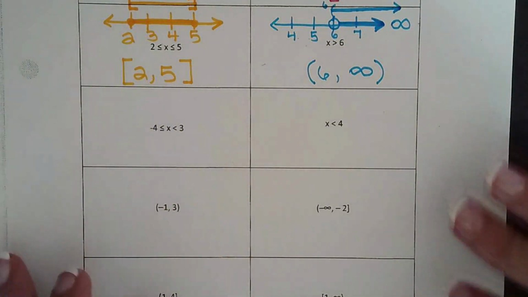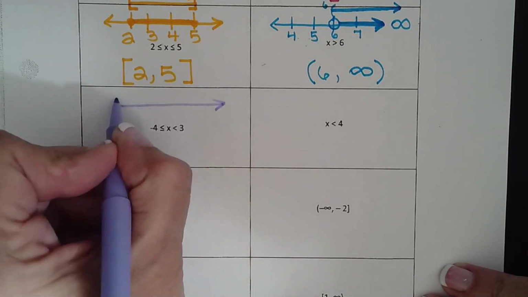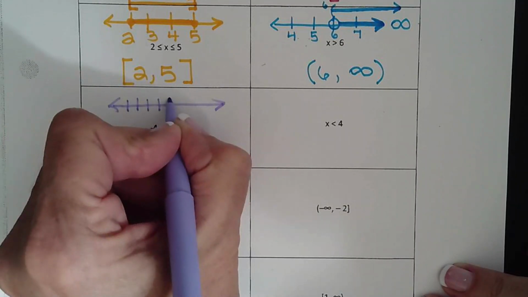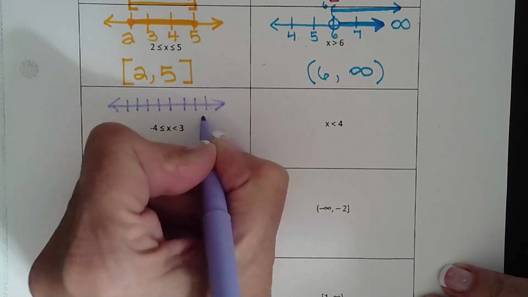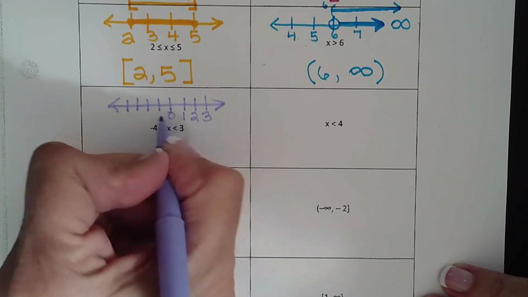Okay, so on this one we have -4 to +3: -4, -3, -2, -1, 0, 1, 2, 3. That's a lot of numbers to write, huh?